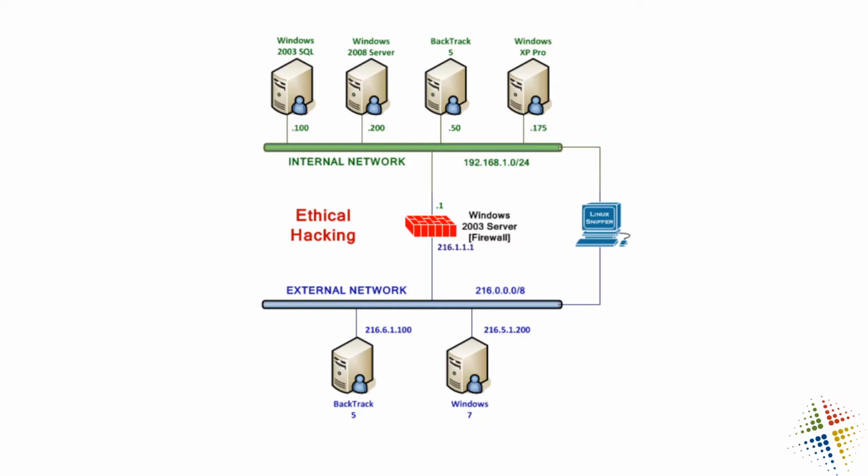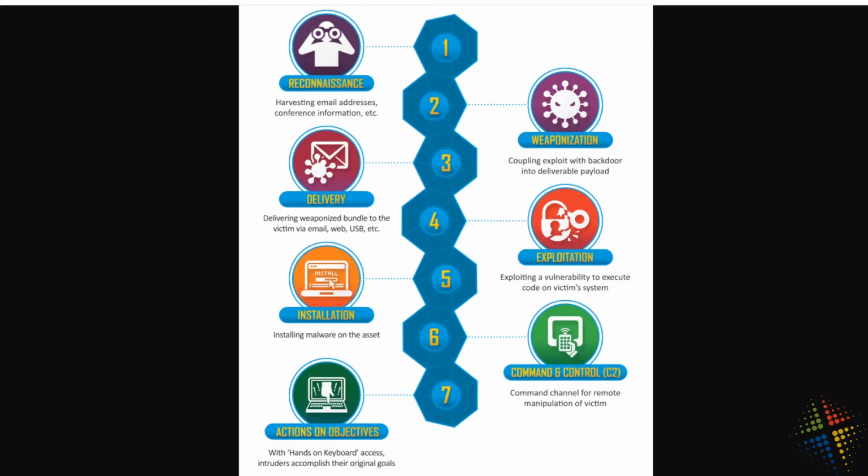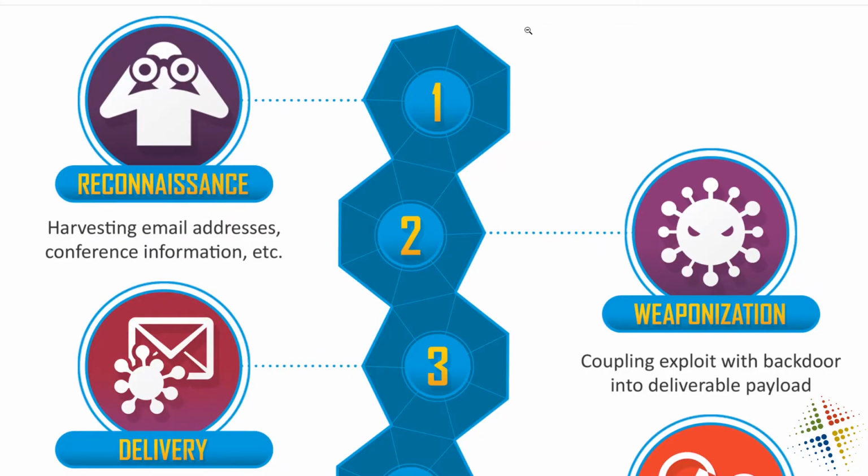So let's talk a little bit about how people might use this in the real world. This right here is a diagram by Lockheed Martin, referred to as the cyber kill chain. And it gives us a nice little process of how a hacker may operate. So we start off right here on step number 1 with reconnaissance.